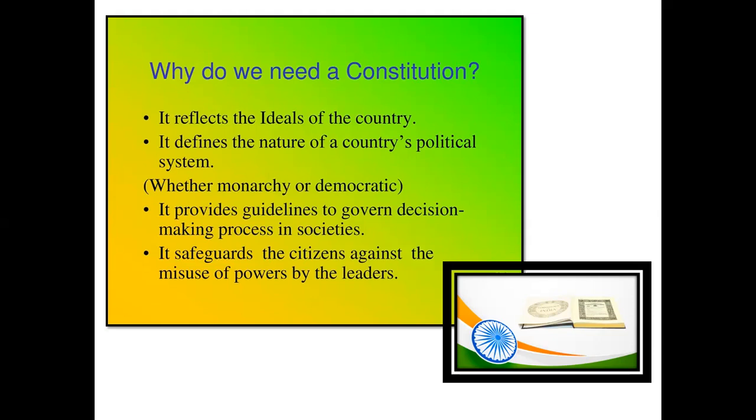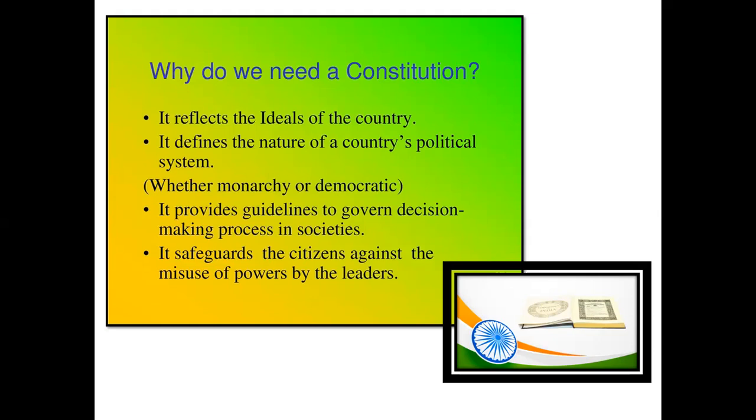And if they take a wrong decision, then with the help of the constitution we can say that according to the constitution it is wrong, and we can question our government. So the constitution also controls the power of the government. It safeguards the citizens against the misuse of power by the leader. As I told you, the process of making decisions is systematically explained in the constitution.